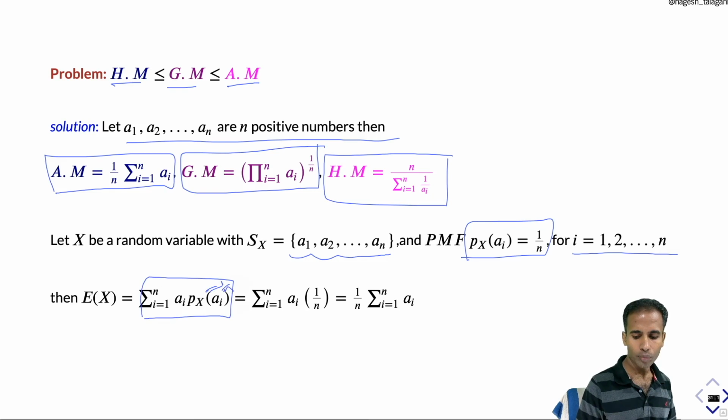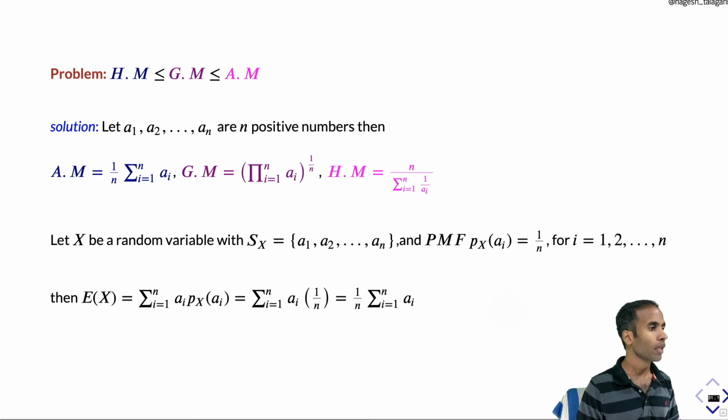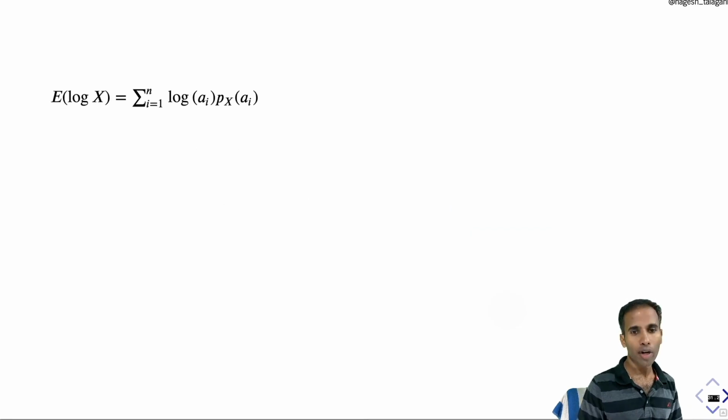So it is 1 by n summation i equal to 1 to n of ai. This is nothing but the arithmetic mean. So expectation of x is 1 by n summation i equal to 1 to n of ai. Next, let us see what the expectation of log x is.